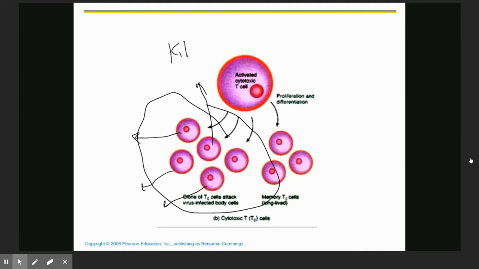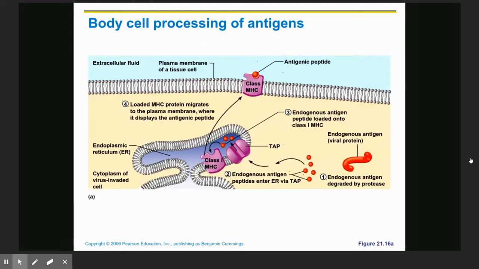But you don't want to kill the wrong cells. You only want to kill the ones hiding the antigen. And so there has to be some way for them to know which cells are hiding the antigen.